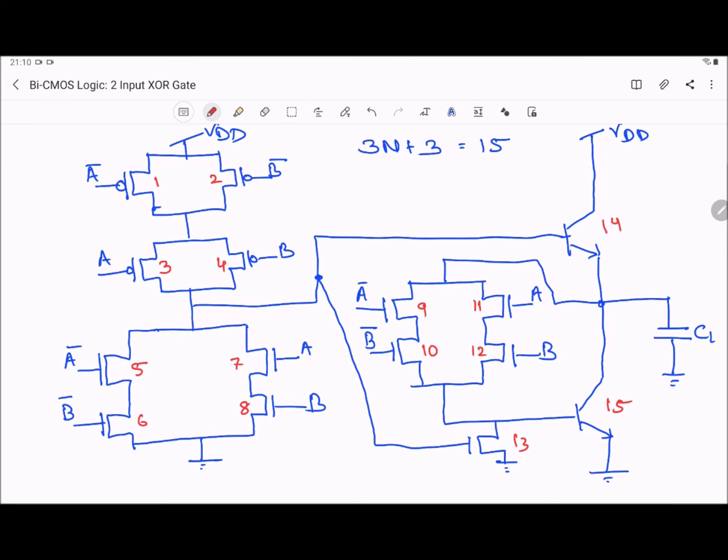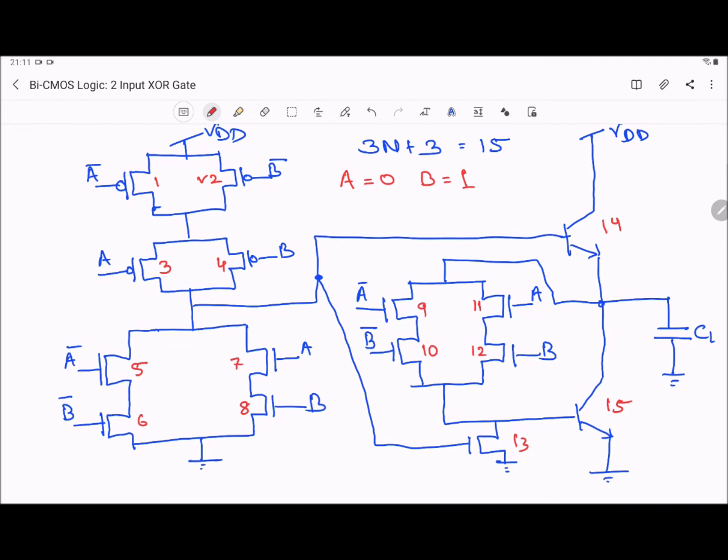We know that an XOR gate produces output 1 when both the inputs are different. So let us take one specific case when A is 0 and B is 1. A bar is 1, B bar is going to be 0 and hence transistor 2 is going to be on.